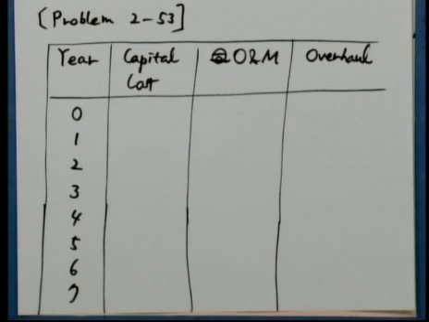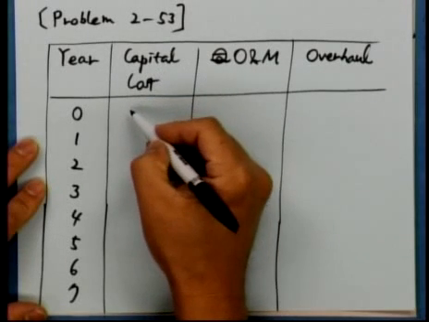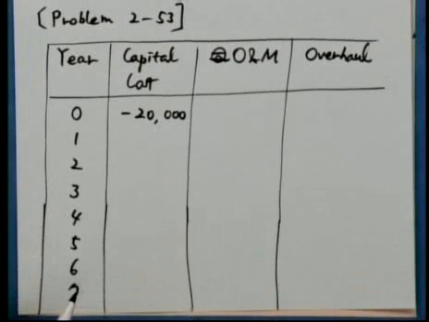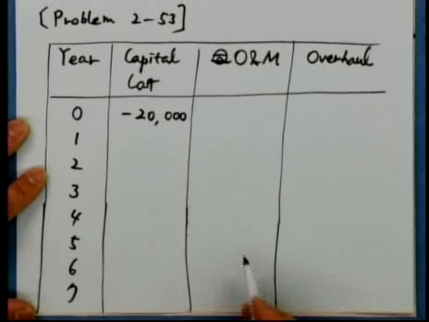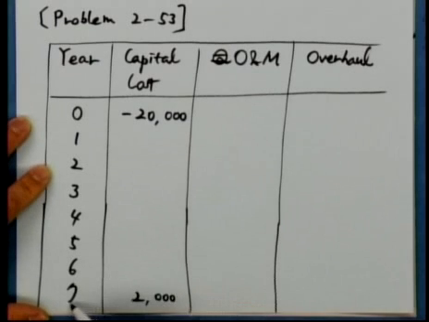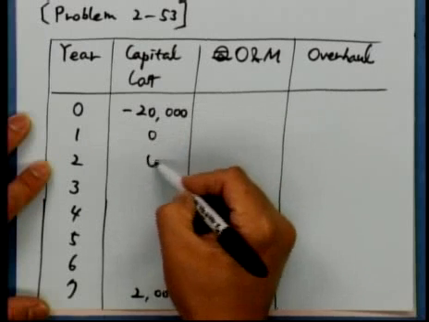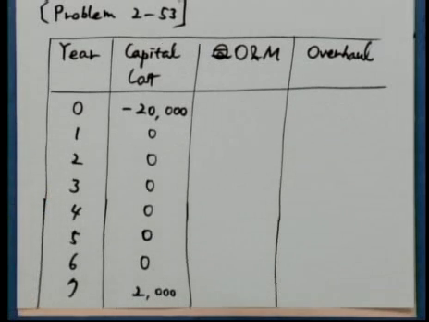Bonka Toys is considering a robot that will cost $20,000 to purchase, so I'm going to put negative 20,000 up here. And after 7 years, its service value will be $2,000, so I'm going to put 2,000 at the end of year 7 down here, and all zeros otherwise.